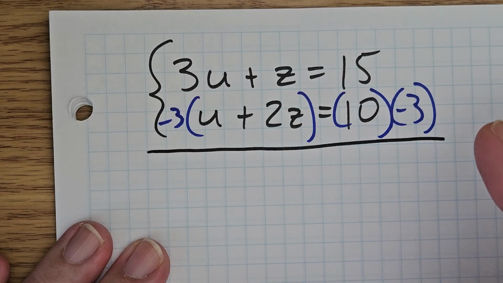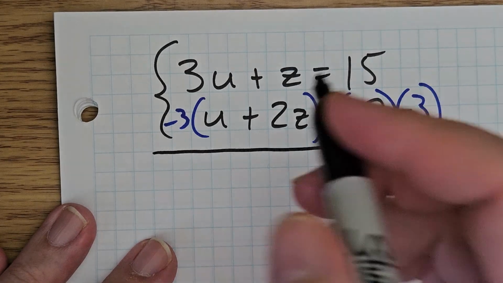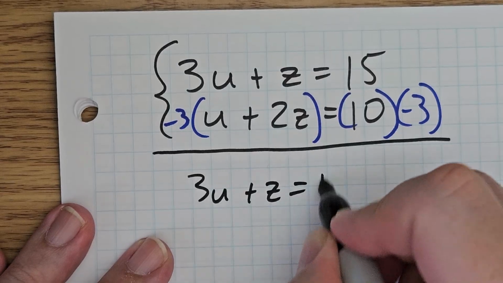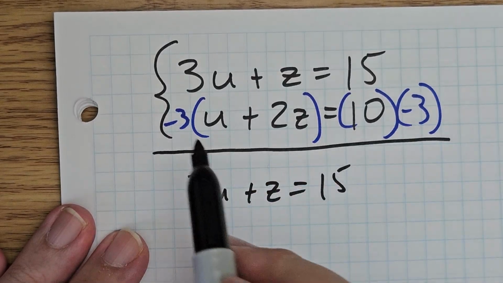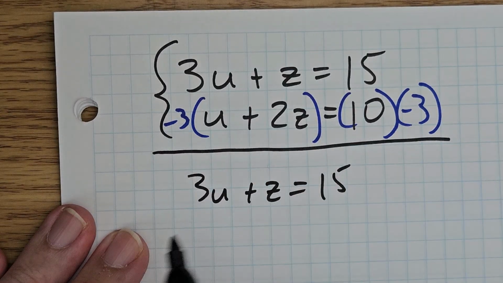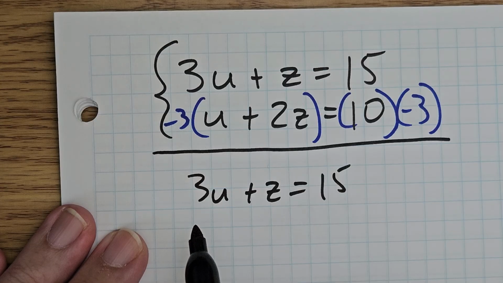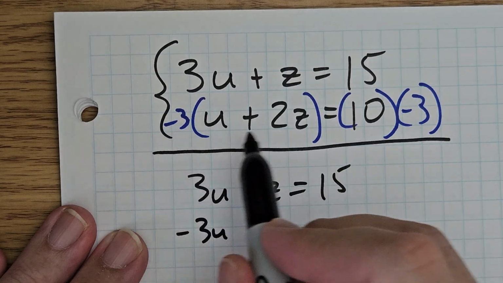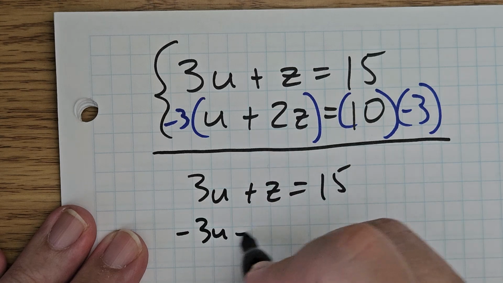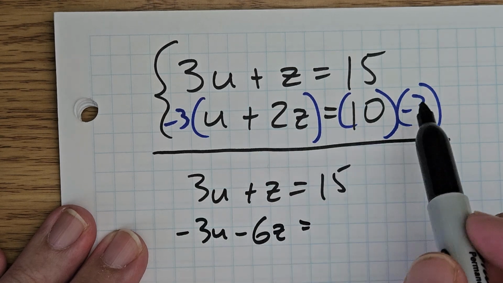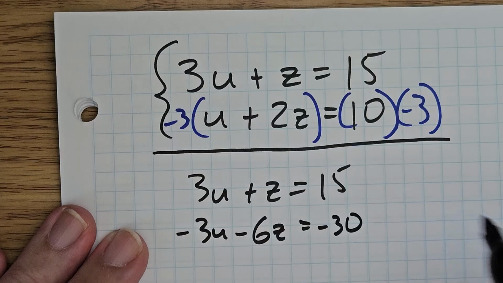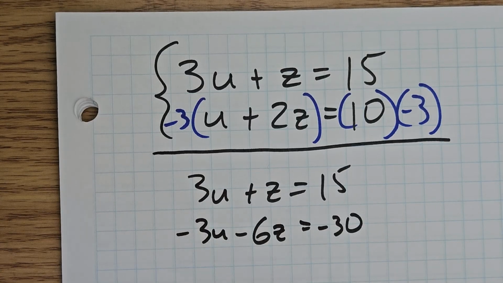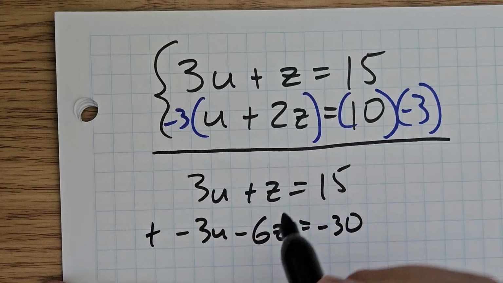So I'm going to go ahead and recopy the whole system, starting with the first equation, which is 3u plus z equals 15, and my second equation distributing that -3 to every term in the entire equation. -3 times u is -3u, -3 times positive 2z is -6z, and -3 times 10 is -30. Okay, now I have my opposites here. These two terms are opposites, and that was my goal.